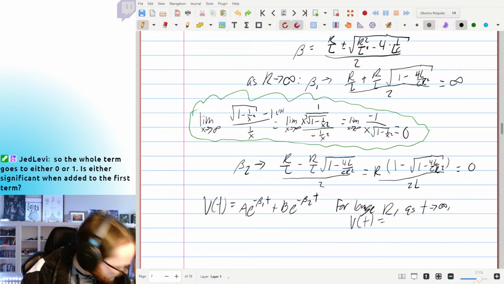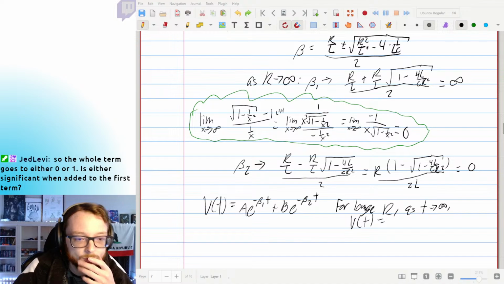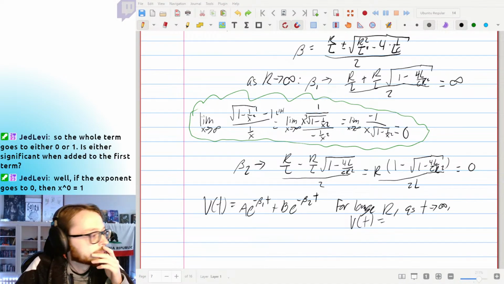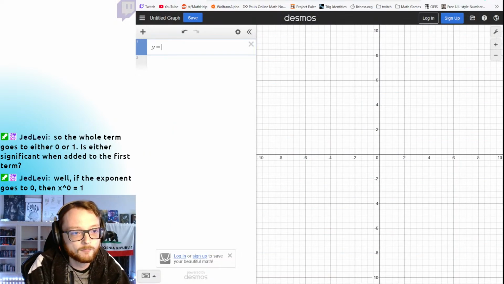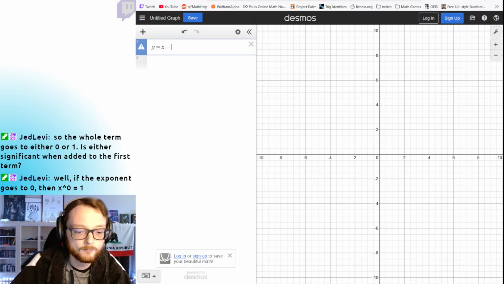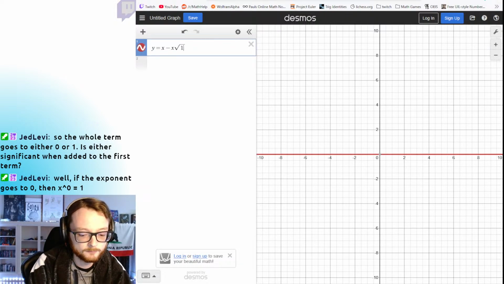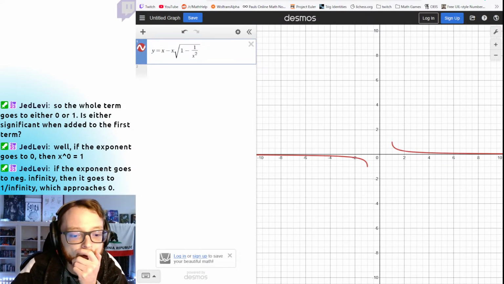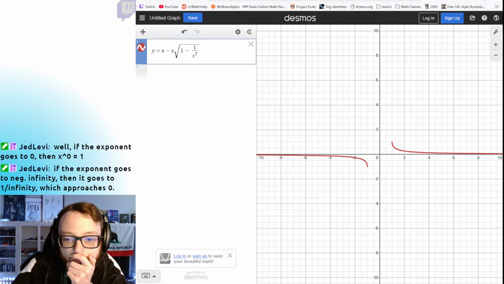Oh, maybe that's a good point. Let me take a look at beta 2 in Desmos to make sure I'm doing that limit right. Is that what I have? Yeah, okay, that's basically what I have.